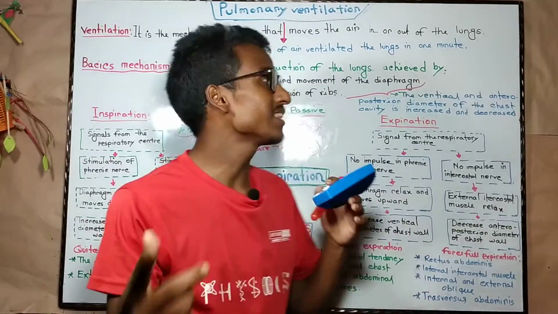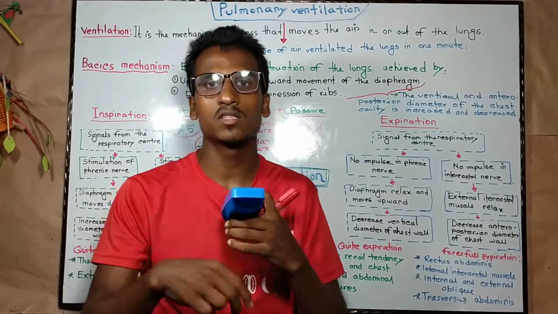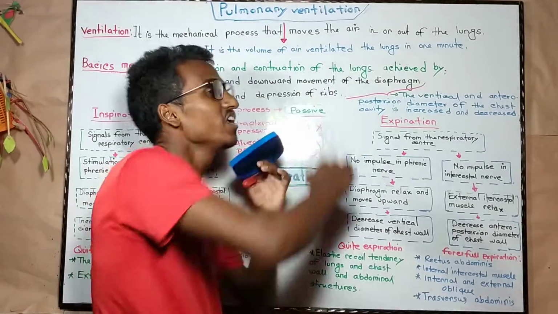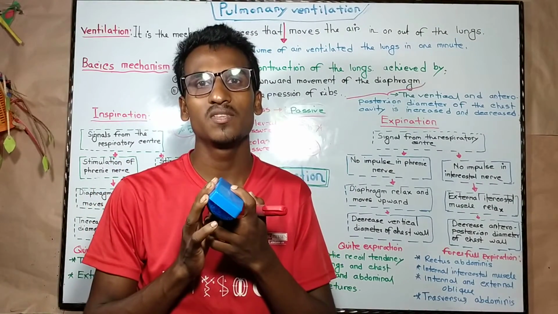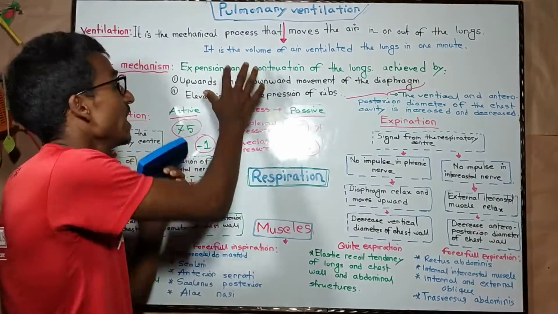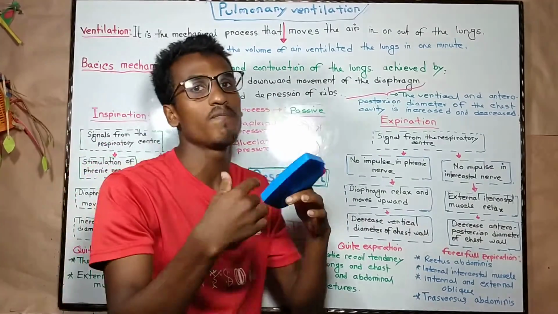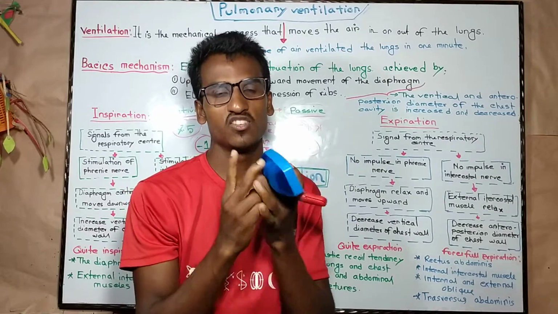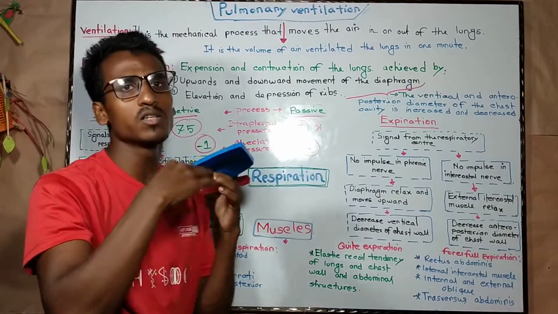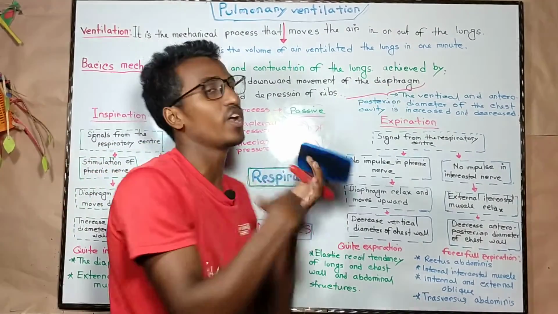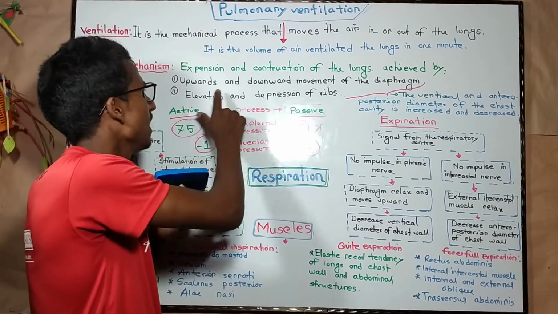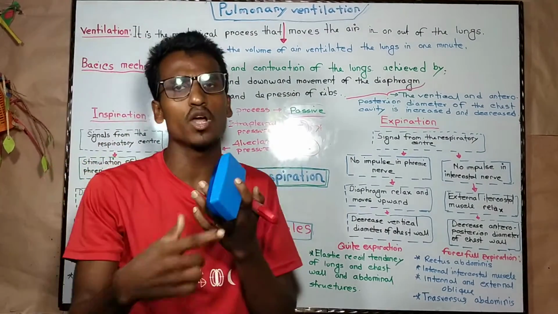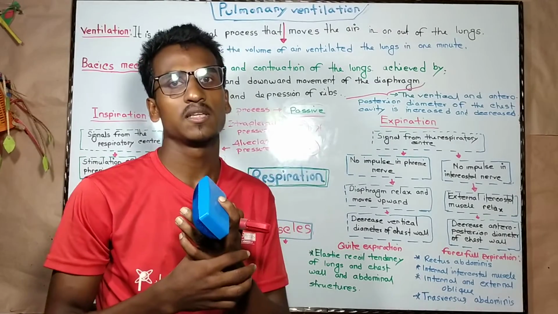Now, look at the basic mechanism that is involved in ventilation. That is the expansion and contraction of lungs, which is achieved by two processes. Firstly, the upwards and downwards movement of the diaphragm, and secondly, the elevation and depression of ribs.